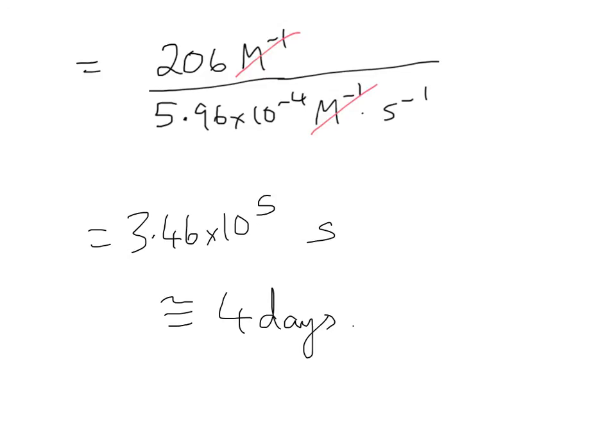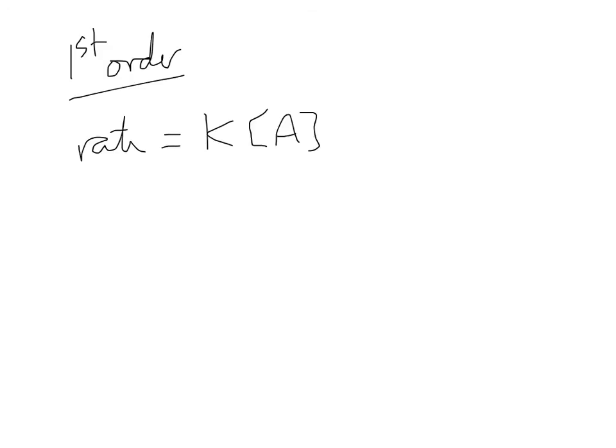Cool, huh? Now I want to go ahead and talk a little bit about units of rate constants. And I haven't mentioned this yet, but we can develop this idea pretty easily. If we've got a first order reaction, so that's something that's got a rate law, rate equals k times some concentration to the first power. We know rate is change in concentration with change in time, so molar per second, or of course molar seconds to the minus 1.